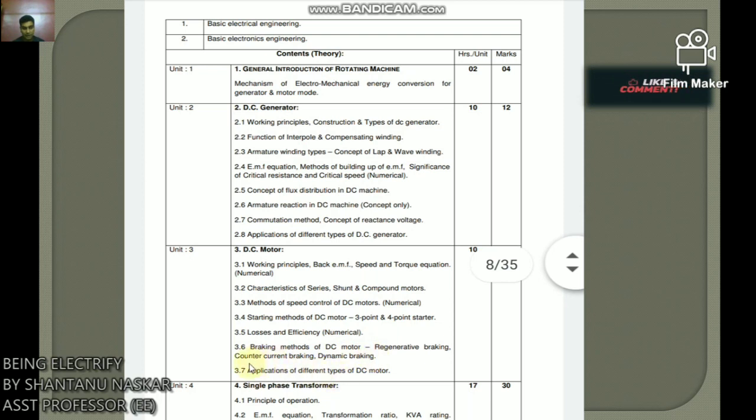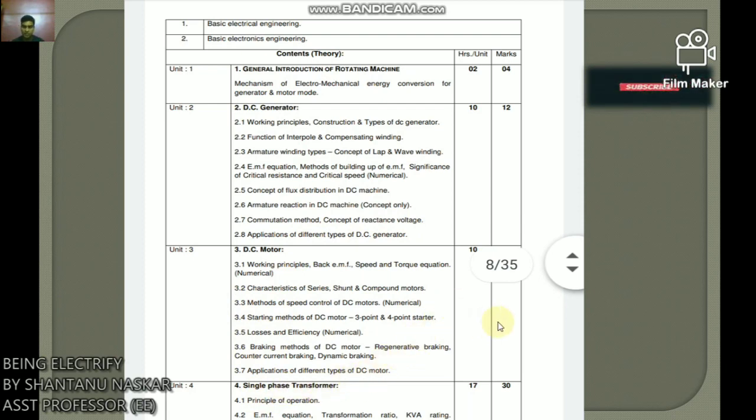And about the application of different types of DC motor, I have discussed in every slide of mine. So today we will discuss the braking method of DC motor. After this video I will discuss the single phase transformer.